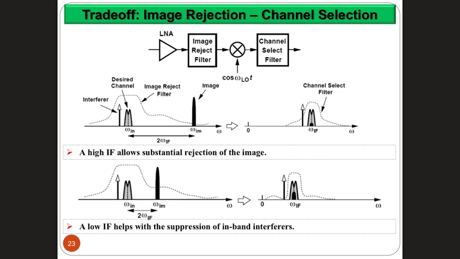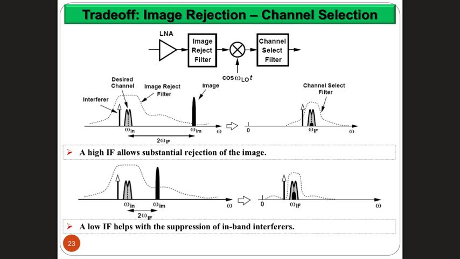Okay. The trade-off between the image rejection and channel selection is quite obvious. So if you decide to use an image rejection filter for the case where your IF, your intermediate frequency, is high, then you can actually design a filter for image rejection that can really reduce the image value, so it becomes extremely small, right?